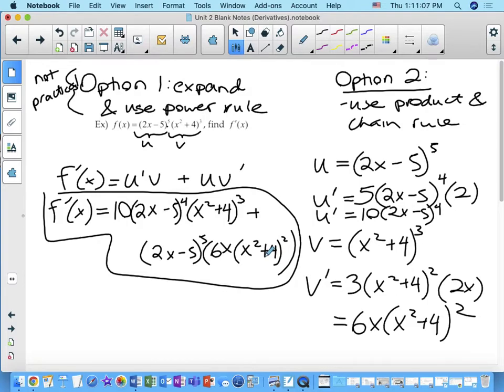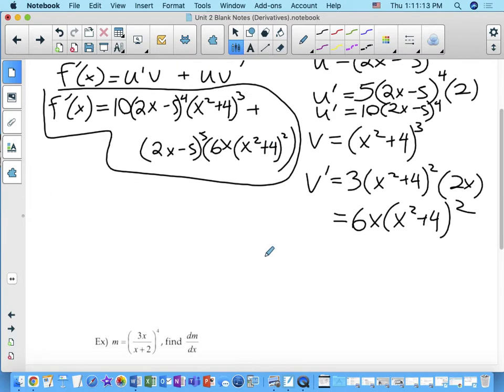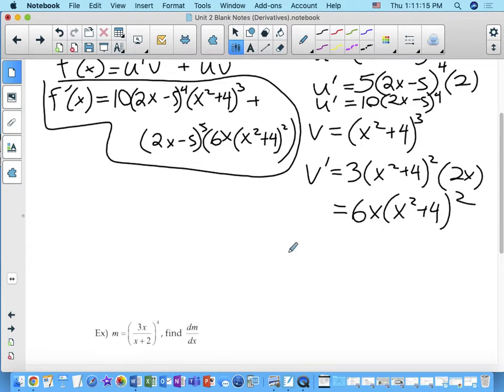Okay, now something that you could do, by the way, actually we should do this because this is done sometimes, is this is actually factorable. We could factor this because if you look at these two terms, I've got 4 factors of 2x minus 5 here and 5 factors of 2x minus 5 here.